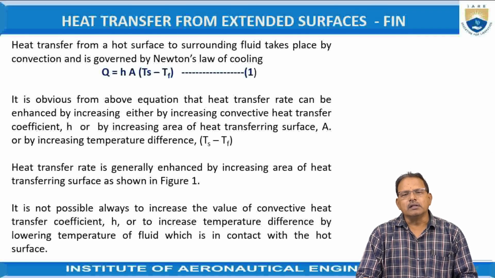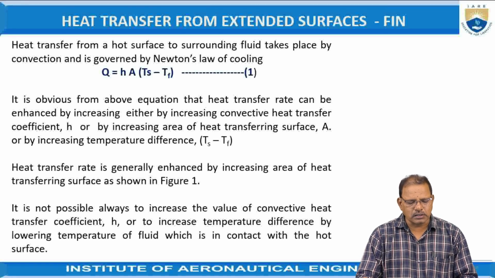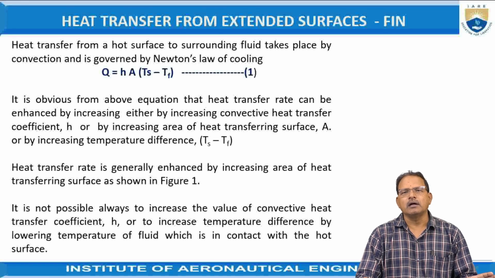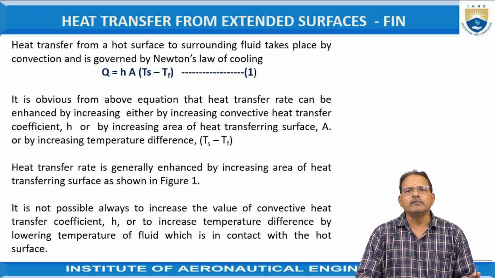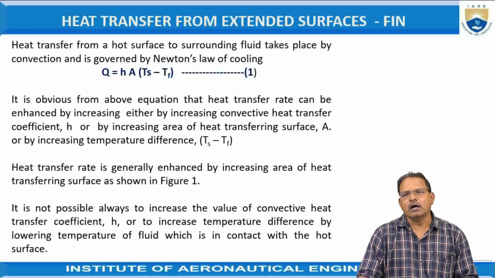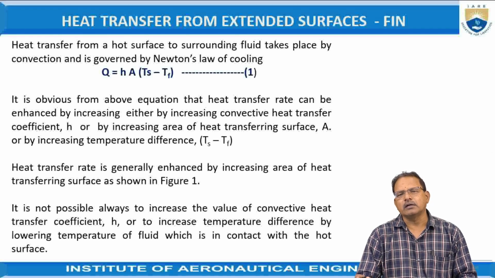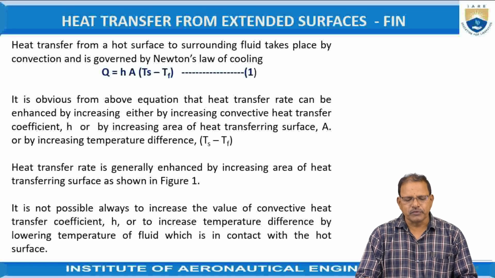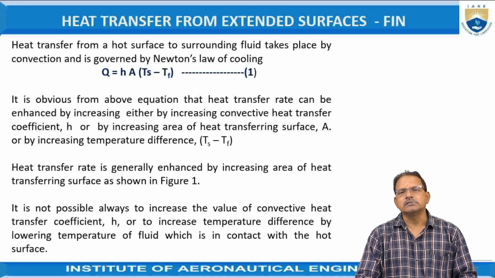But the heat transfer is generally enhanced by increasing the area of the heat transferring surface, as shown in the figure. Why? Because there are limitations on the temperature difference Ts minus Tf, because the temperature of the hot fluid remains constant, and the temperature of the object in contact with the hot fluid also remains constant. Hence, in most cases it is difficult to increase the value of Ts minus Tf.